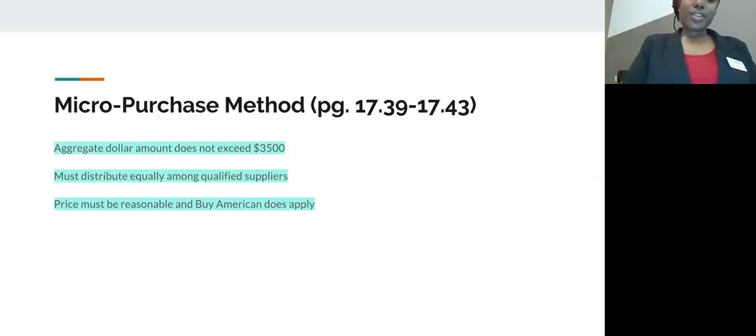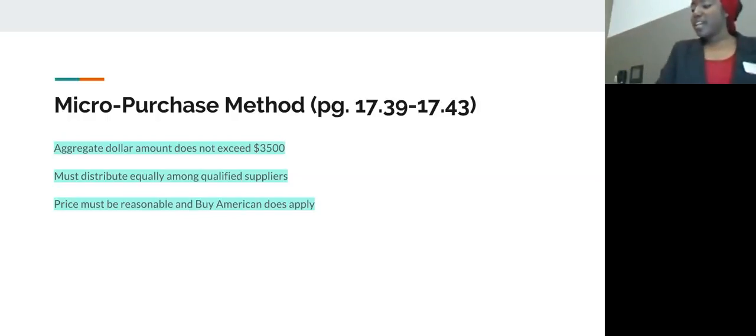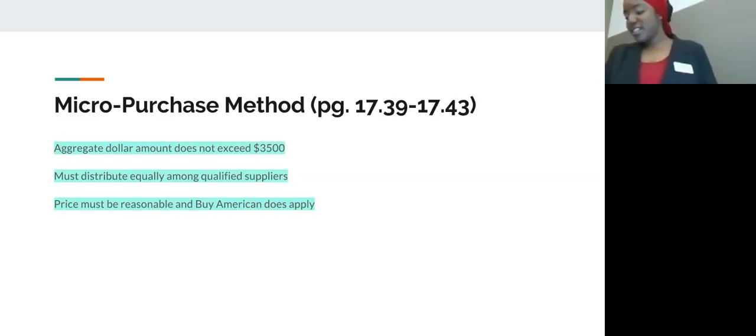Also, just making sure that price is reasonable and that Buy American does apply. And we do cover Buy American in a little bit. Also, just to note, competitive purchasing as well as a cost analysis are not required, but it doesn't stop you from doing one for a micro purchase.